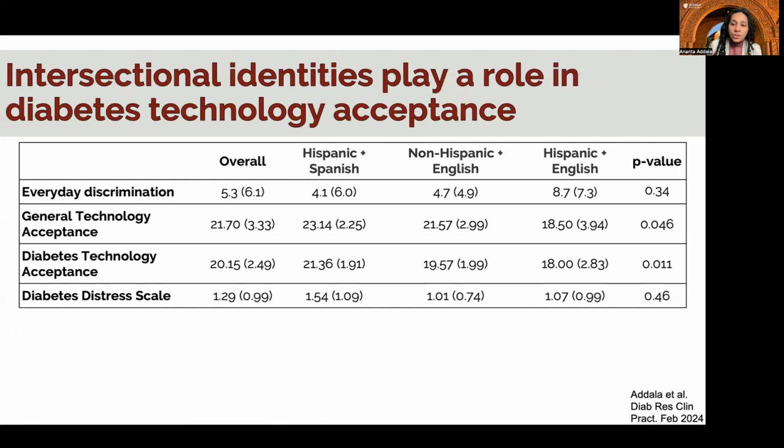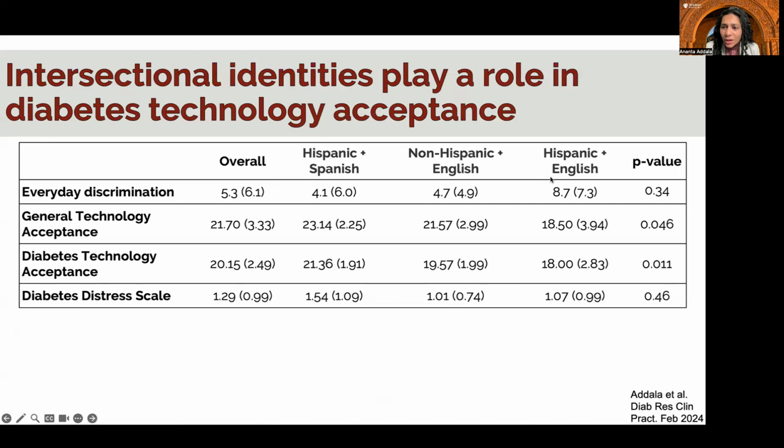What we were initially surprised by, but then it made total sense to us, is that some of these values are not significant, but you can hopefully appreciate that we think this has a little bit more to do with the power than the effect size. There's a scale called the everyday discrimination scale, and it measures, in your day-to-day life, how often you experience discrimination.